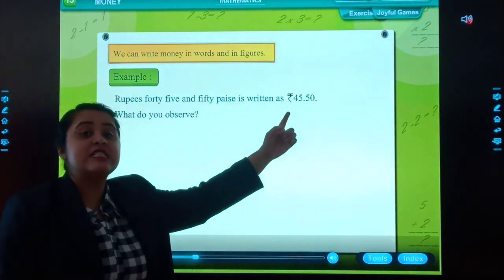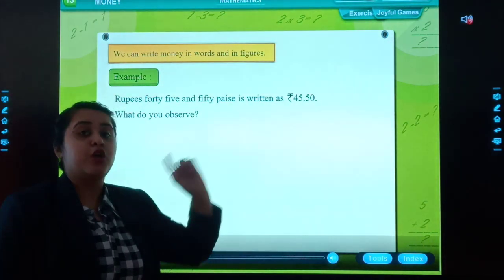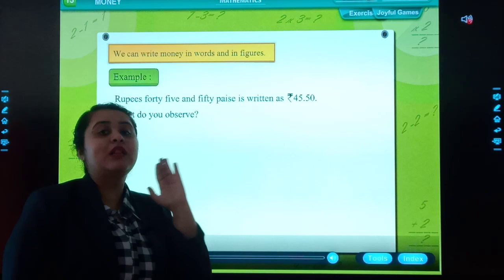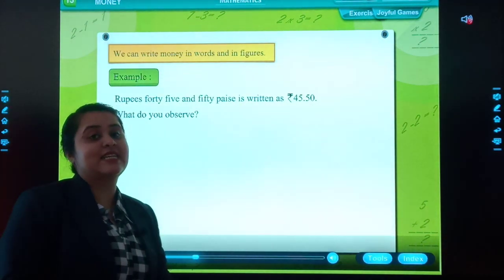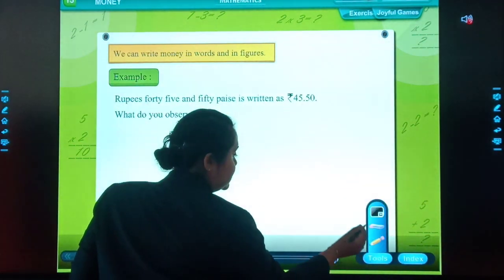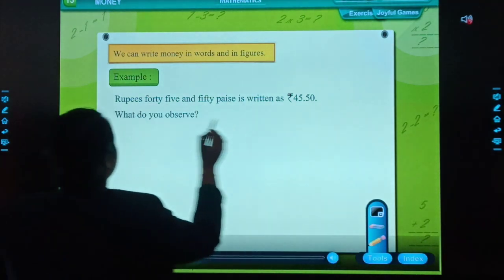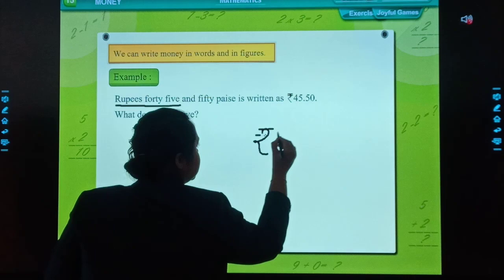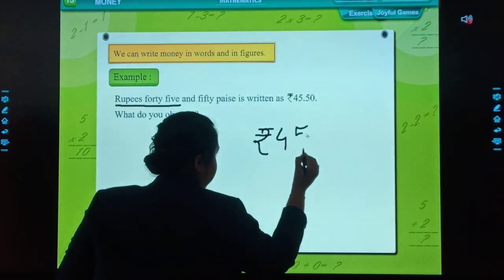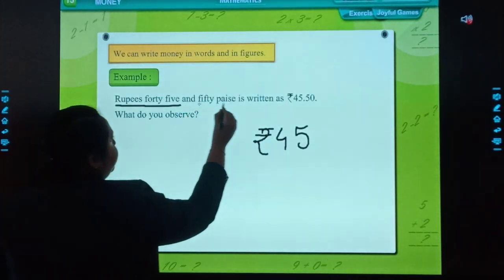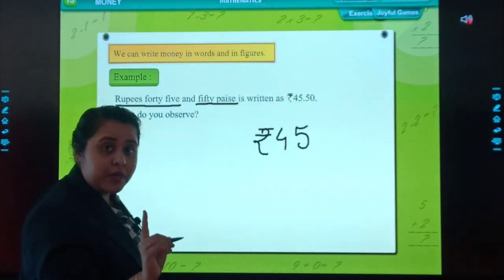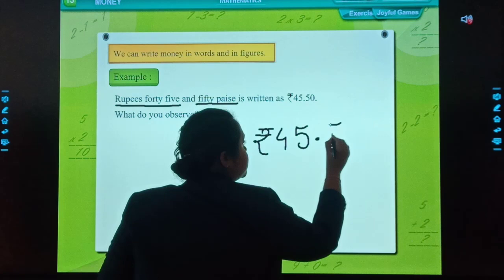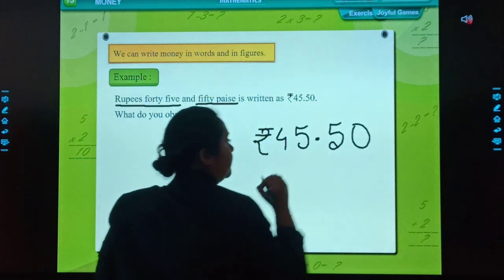This is the symbol of rupees. 45, and the amount which is in paisa will be placed after the decimal point. Whatever amount is in paisa will be written after the decimal.